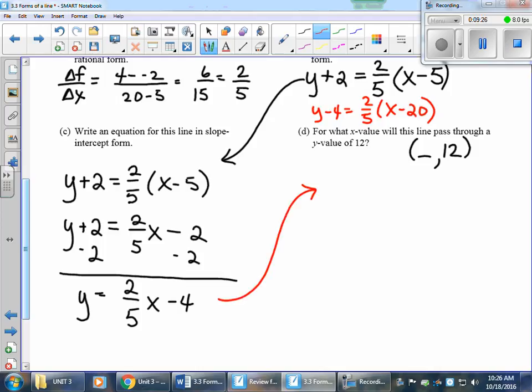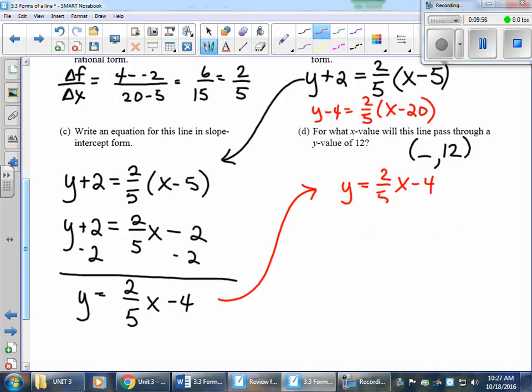So y, I'm going to just write it down first and substitute in our x. So y is equal to 2/5 times our x minus 4. So, wow, what are we doing here? Oh, put this whole thing in your calculator, and you get the wrong answer because I'm substituting in the wrong one.